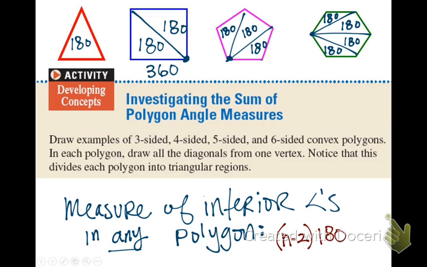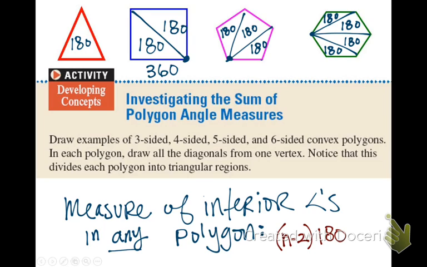What do you think n represents in the formula? What word starts with n that deals with math? Not negative. The number of sides. So the formula is the number of sides minus 2 times 180.